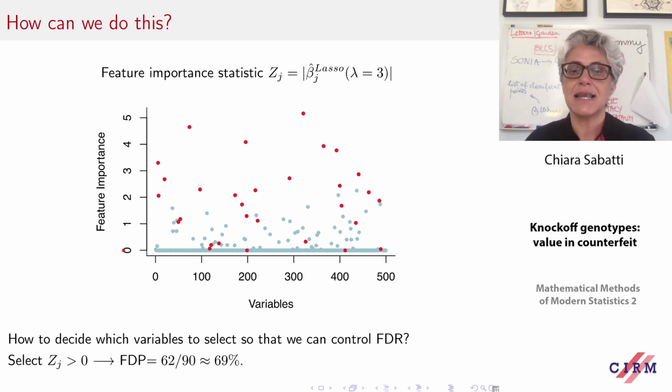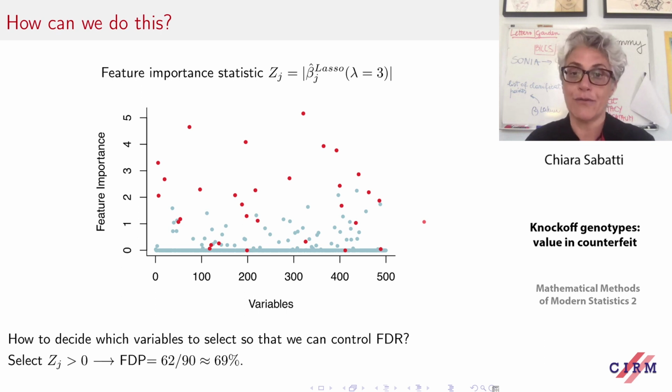Now, we can see that the lasso does a fairly good job, in the sense that lots of the red variables, the variables that are important, have a high value of the feature importance statistic. However, some of the red variables have a small value of the feature importance statistic, and it's not clear where I would do a cutoff.